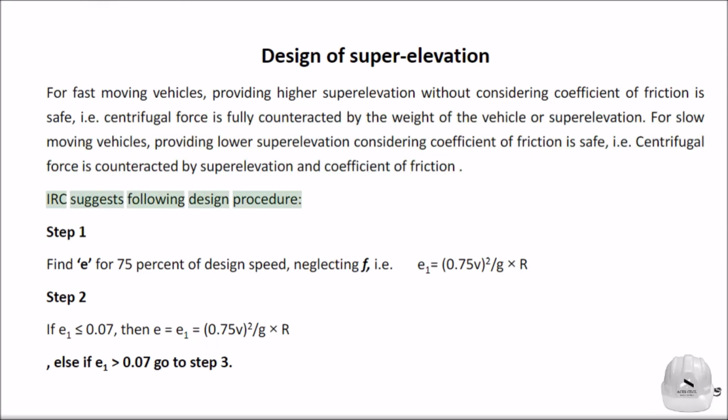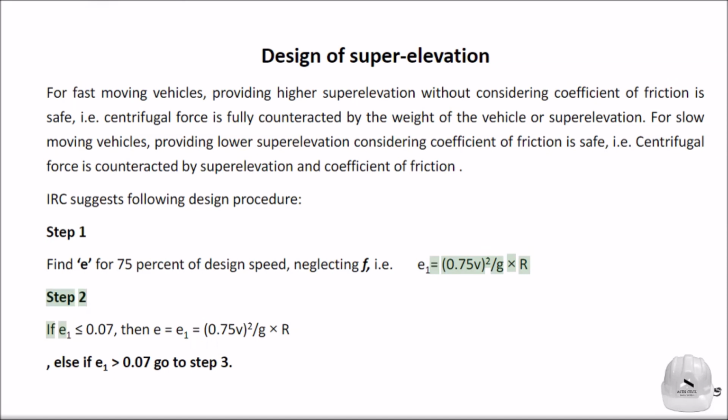IRC suggests the following design procedure. Step 1. Find e1 for 75% of design speed, neglecting f, i.e. e1 equals (0.75V)²/gR. Step 2.